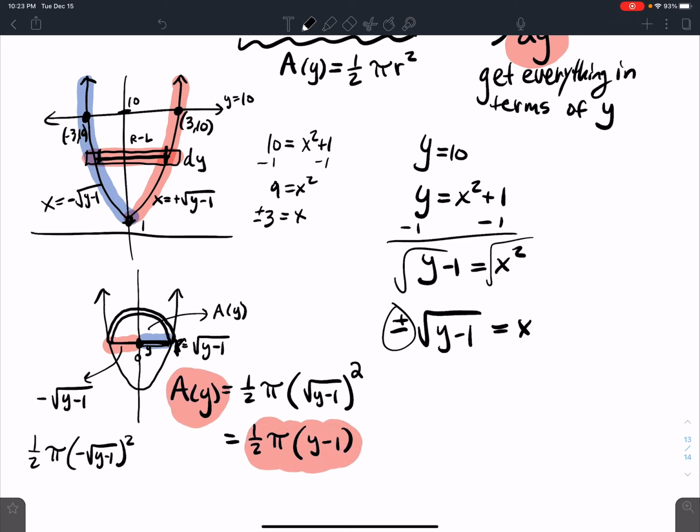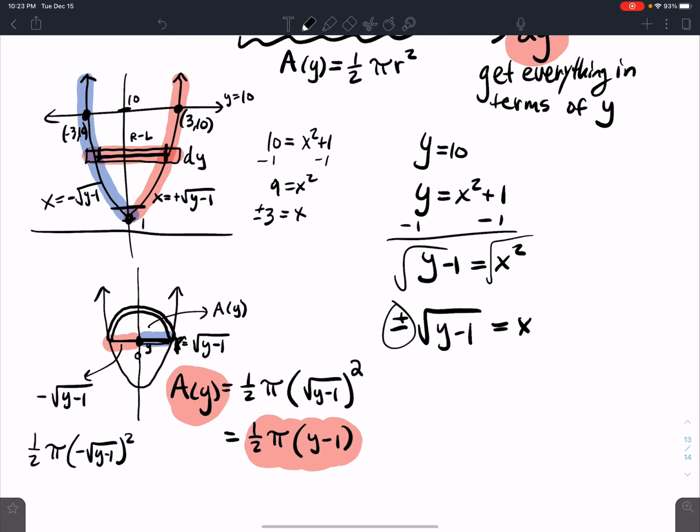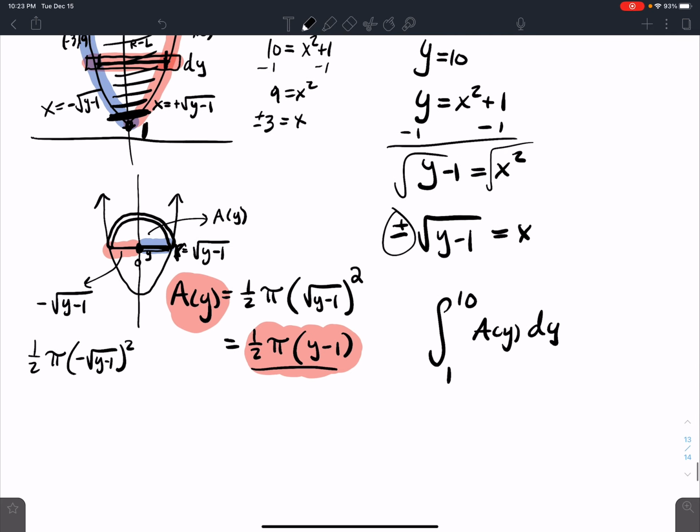Okay, and like I said, that's the hardest part of the problem, getting that arbitrary area formula set up. So now what do I do? I integrate. So I'm summing all the arbitrary rectangles from where? From 1 up to 10. So from 1 to 10 of the area formula, a of y dy.